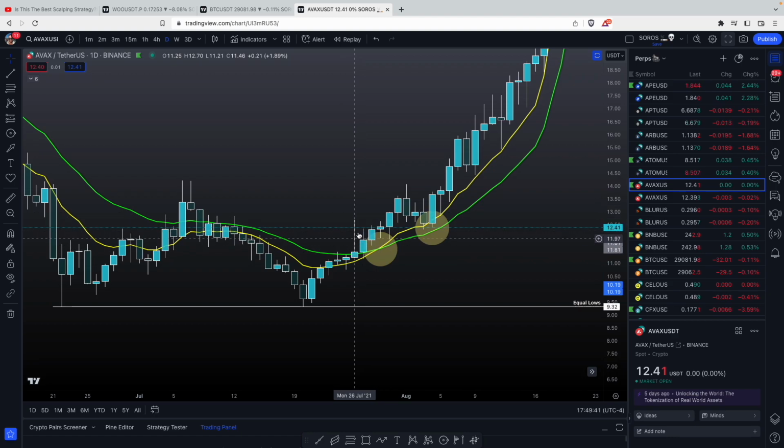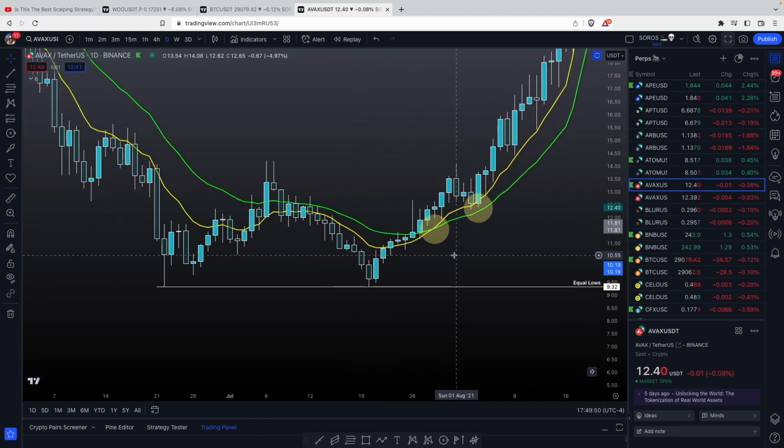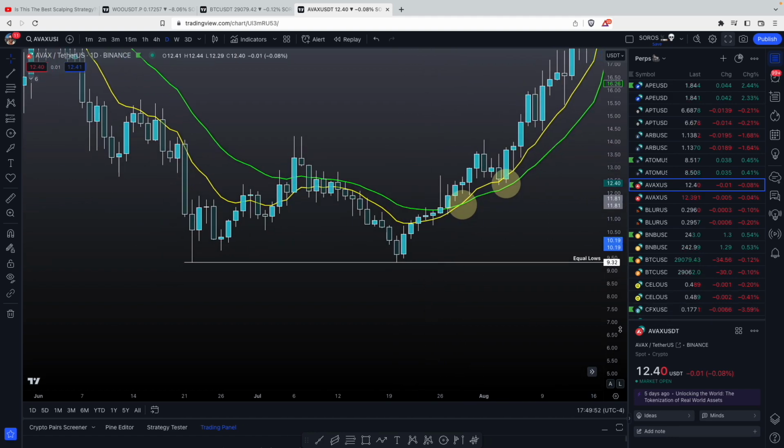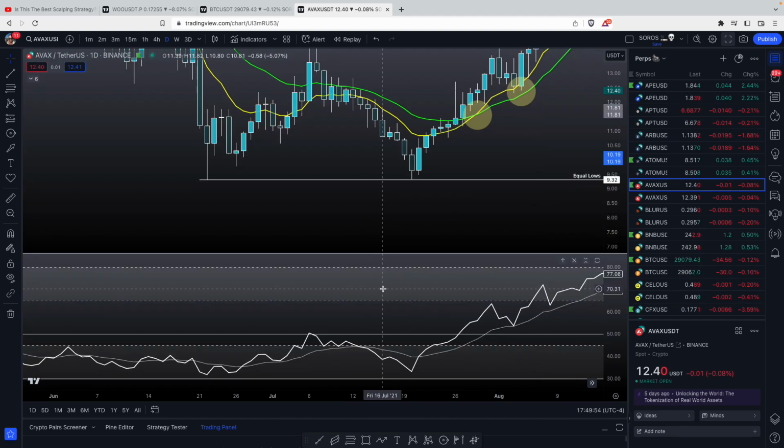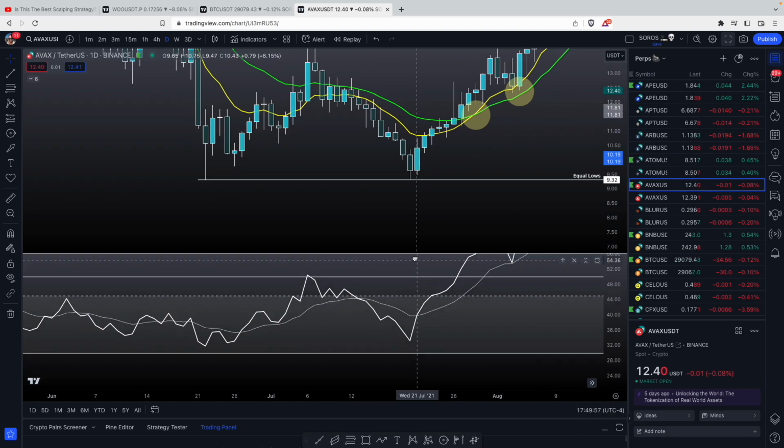And then even though this inverted hammer candle rejects, it's still closing above the previous day's high. So this is definitely showing a shift in order flow. And the best version is when you add RSI into the context.